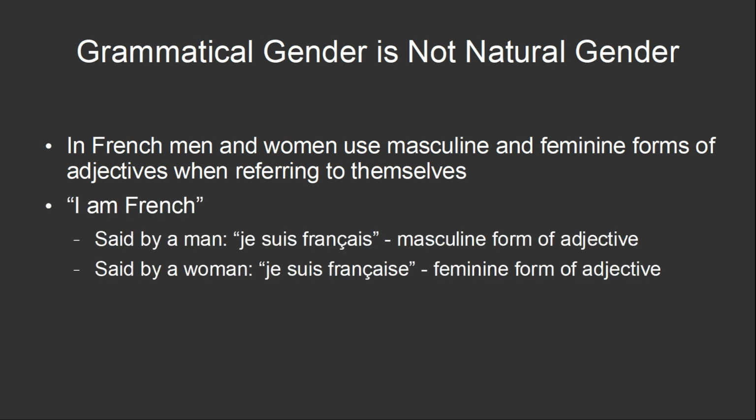A French man would say, "Je suis français," using the masculine form of the adjective, while a French woman would say, "Je suis française," using the feminine form. This clearly demonstrates that there is a connection between grammatical gender and natural gender. It's just not necessarily one-to-one in all situations.